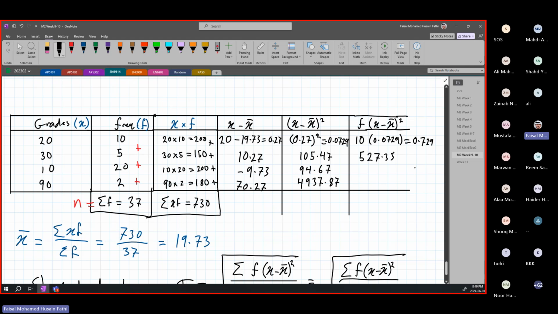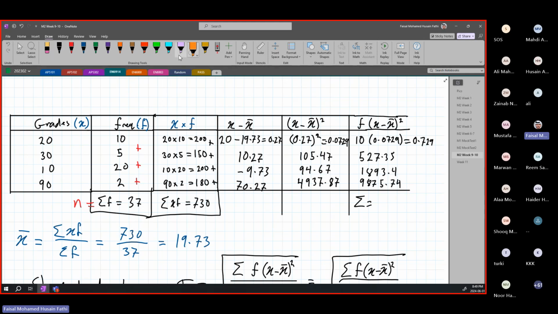Then you have 20 times 94.67, which is 1893.4. And the last one is 2 times 4937.87, which is equal to 9875.74. And now you are going to do the summation of all of these.